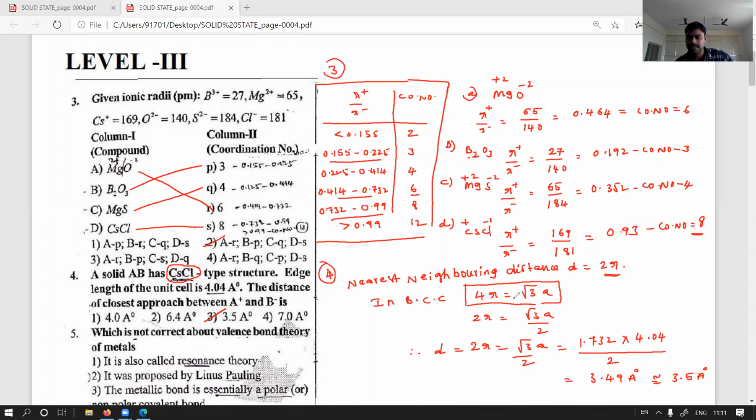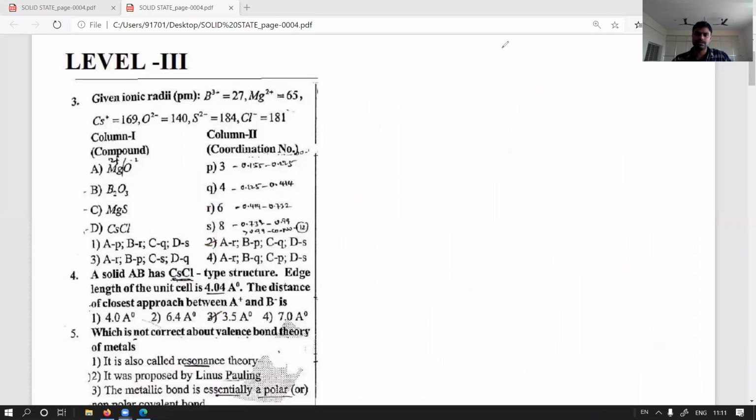Theoretically the body diagonal length is 4R, and in terms of edge length it is root 3 A. But the nearest neighboring distance or closest approach is D equal to 2R, which is root 3 A by 2. We just calculate that value and get the closest approach as 3.5 angstroms. Okay, let's see the next, fifth question.